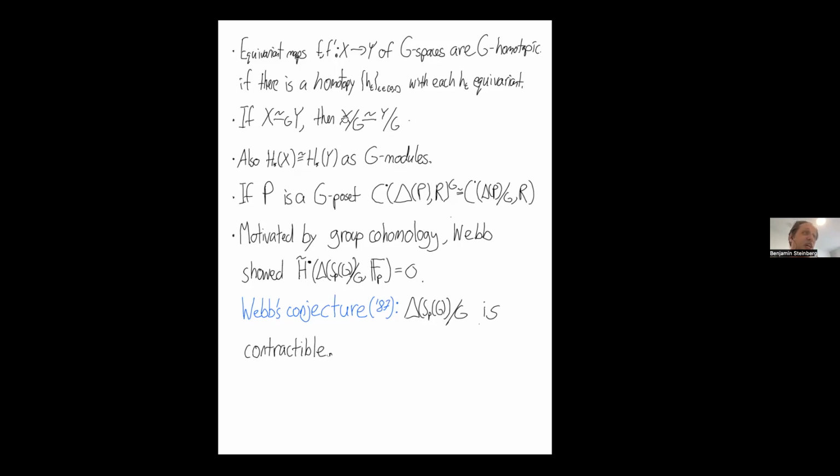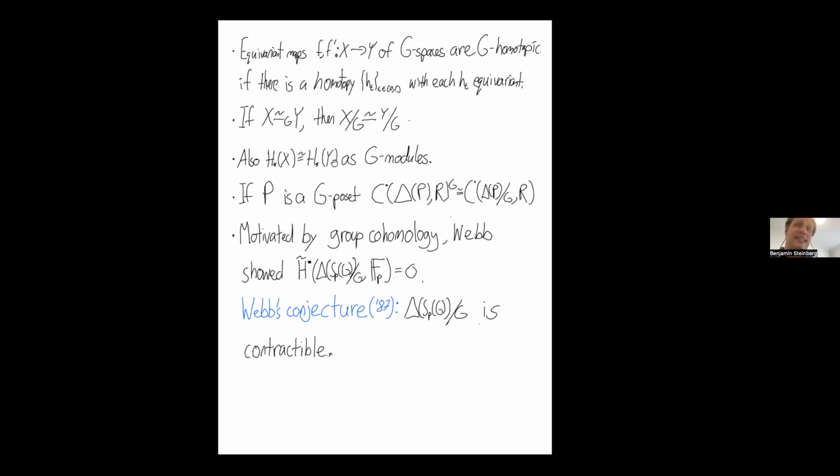In particular, if they're G-homotopic, the homotopy factors through the quotient, because when you fix t, it's equivariant, so you can induce a homotopy on the quotients. I didn't say what G-homotopy equivalent is, but you can guess what it means: you have G-equivariant maps in both directions that, when you compose them, are G-homotopic to the identity map.